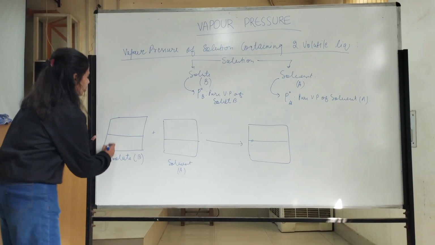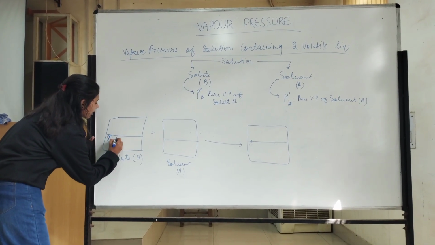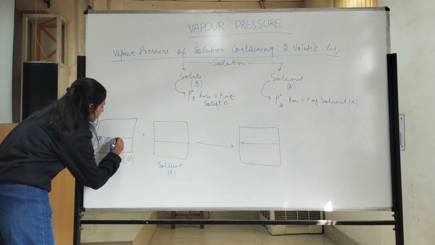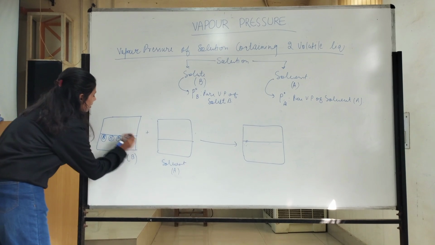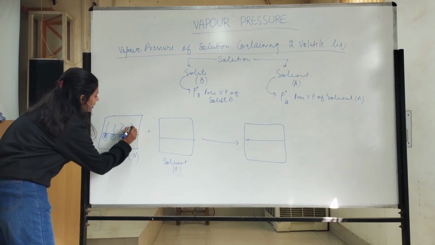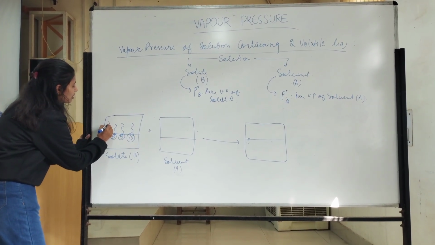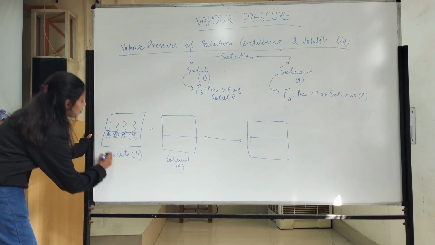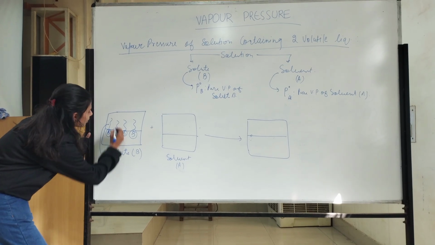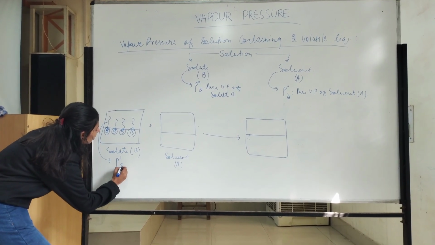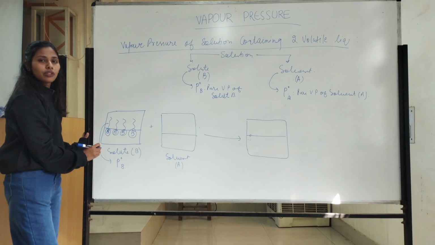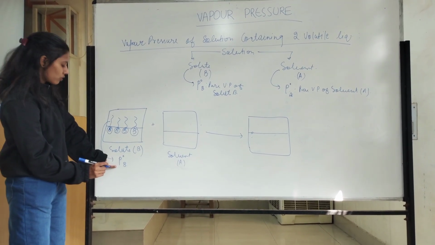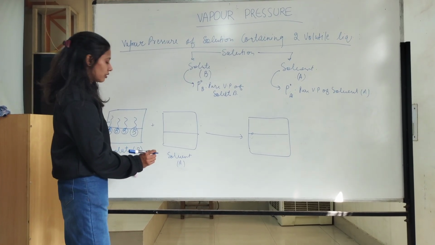So this is the container of solute particles, represented as B. These are the surface molecules, they will do evaporation. These are the vapors. So what will be the vapor pressure of these vapors? For solute particles we have vapor pressure P naught B, because this is the pure solute. In this container there is no mixing. So the vapor pressure of pure solute is P naught B.